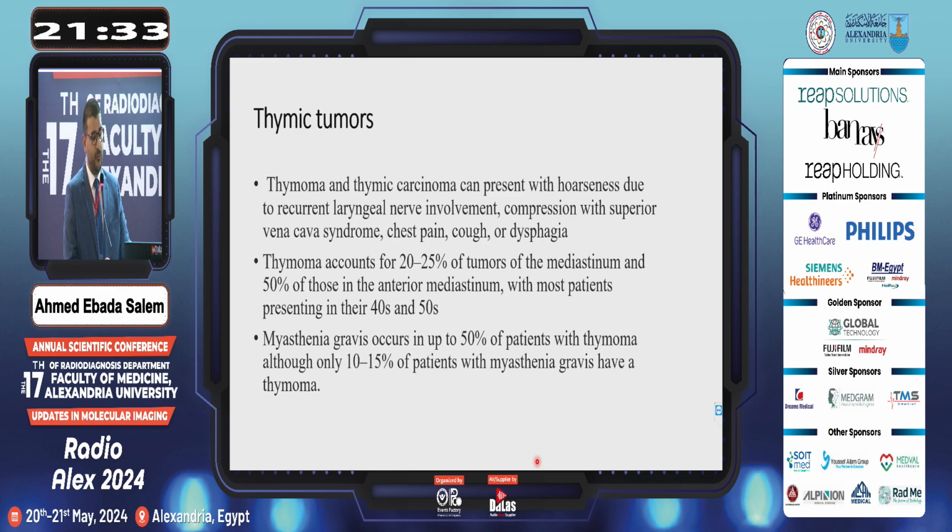Symptoms can be seen as hoarseness of voice due to recurrent laryngeal nerve palsy, or compression of the SVC. Thymomas account for 25% of all mediastinal tumors and 50% of all anterior mediastinal lesions. Myasthenia gravis can happen in up to 50% of thymoma patients, and only 10 to 15% of patients with myasthenia gravis will have thymoma.